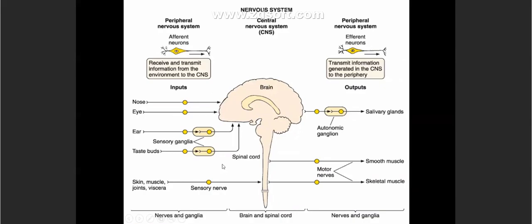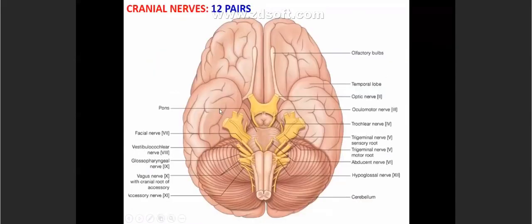So when we say peripheral nervous system, let's start from the larger ones, cranial nerves and spinal nerves. Cranial nerves originate from the brain. Spinal nerves originate from the spinal cord. Simply, connected to the brain, you have 12 cranial nerves: 1, 2, 3, 4, 5, 6, 7, 8, 9, 10, 11, 12.